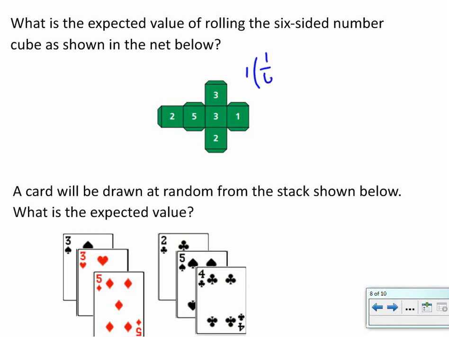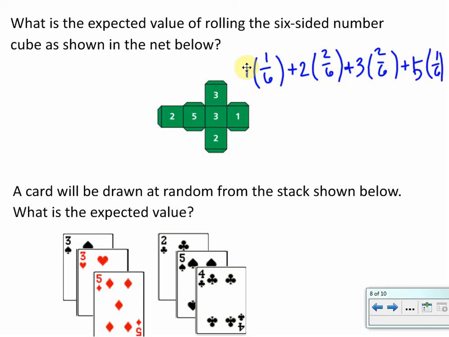So I have a 1/6 chance of rolling a 1. But now I have a 2/6 chance of rolling a 2 because there are two 2s, and a 2/6 chance of rolling a 3 because there are two 3s, and then there's one 5. When I multiply those all together and add them up, my expected value for this cube is about 2.6.